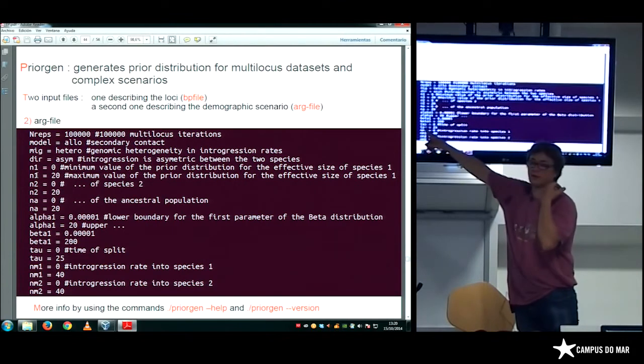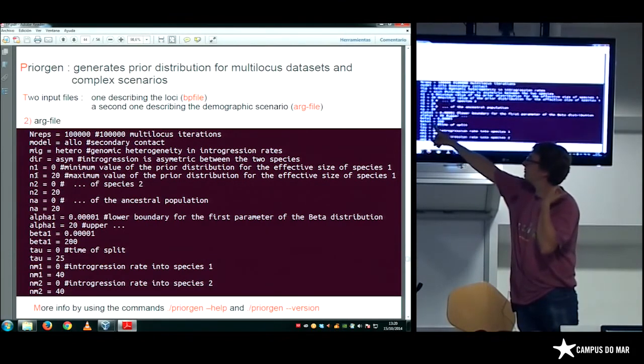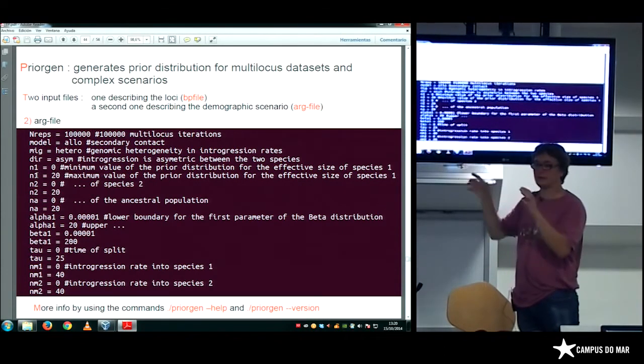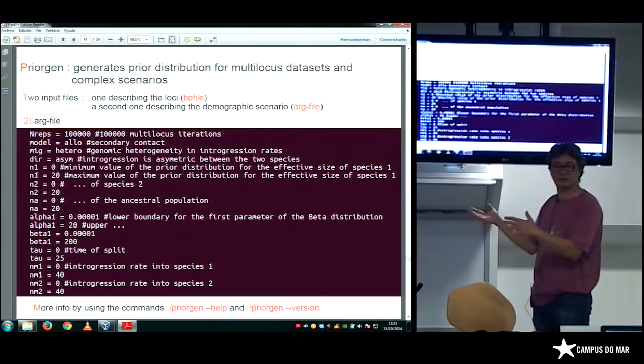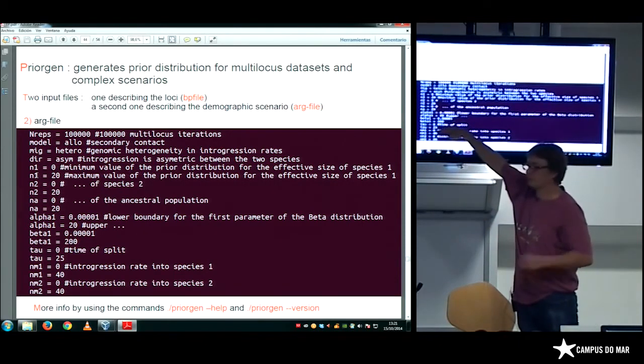Tau is divergence time, assumed to be uniform between 0 and 25. NM1 is NM in one direction and NM2 in the other direction. And again, a uniform prior between 0 and 40.